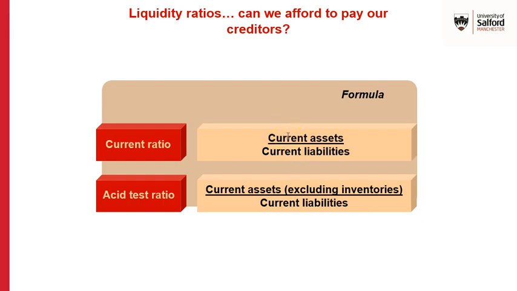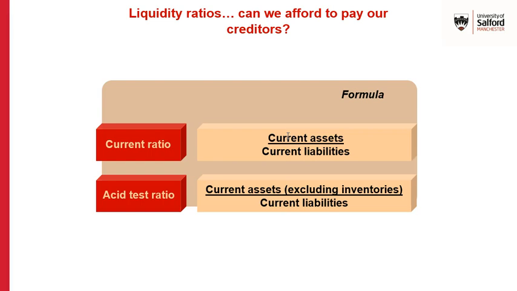But if our current assets are not being frequently replenished, in other words, they're taking a long time to pay and things like that, then we need to have a much higher current ratio, and it can go up to twice as much because our debtors are taking a long time to pay, so we need a lot of debtors to be sure of being able to pay our creditors on time.